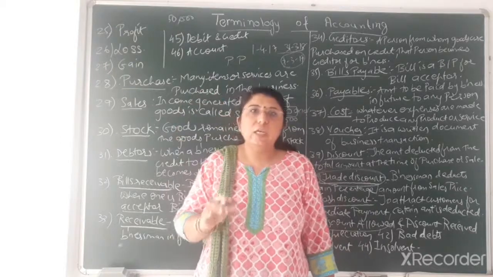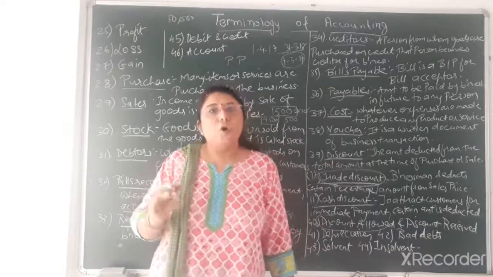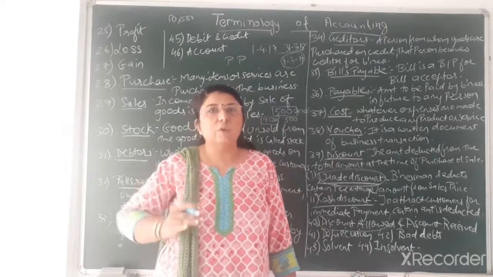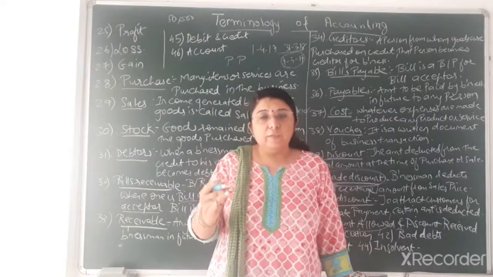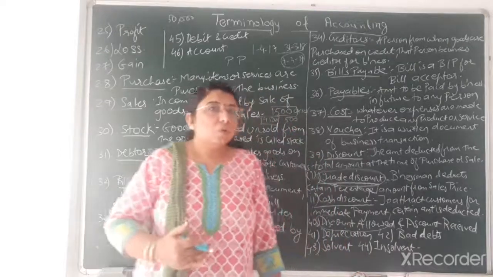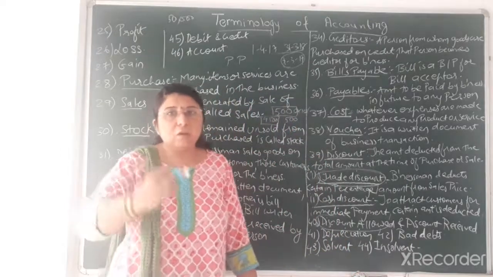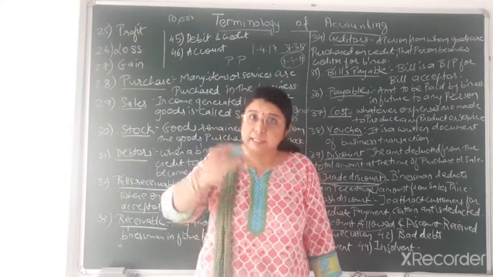Suppose we have purchased one machinery worth rupees 1 lakh, or a vehicle for the firm worth rupees 50,000, then after 5 years the value of that machinery will be reduced. So every year a certain amount of the value of that asset decreases.